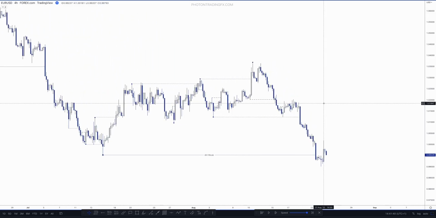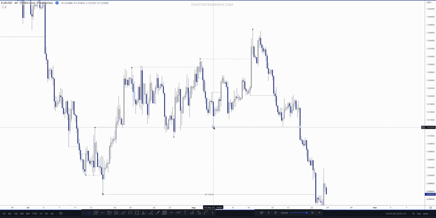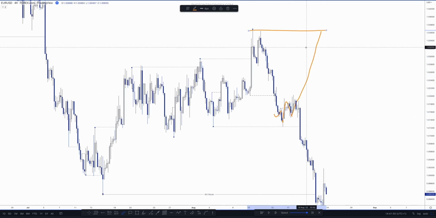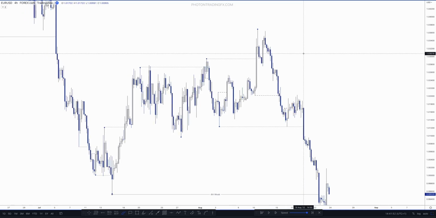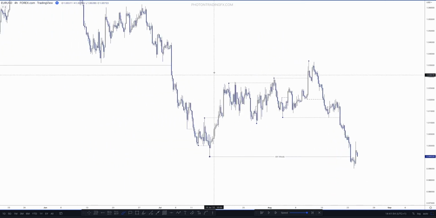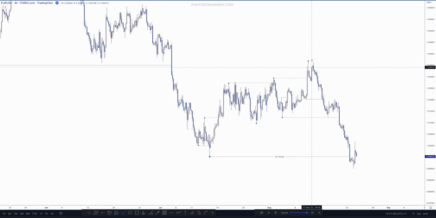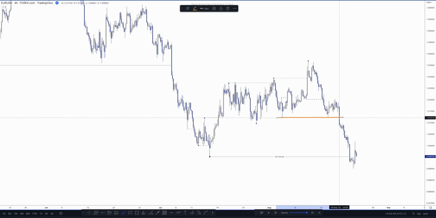A prime example would be, yes, this is a strong internal low when price comes into it, and yes, we do get a bullish change of character. So yes, there's every possibility now that price could be ready to go and take out this high. But when you learn other confluence and you realize that this has come into a decent supply level, we've had a swing pullback to premium prices, and all these other things you're going to learn in multi-time frame analysis, you can realize that there's actually a pretty decent chance we're going to switch bearish in internal structure.